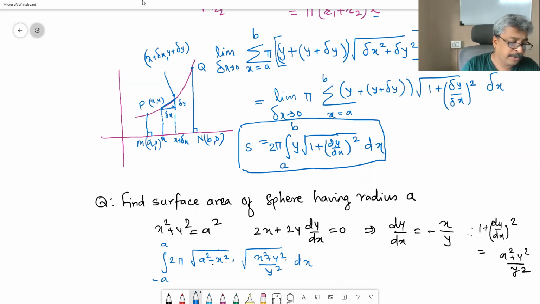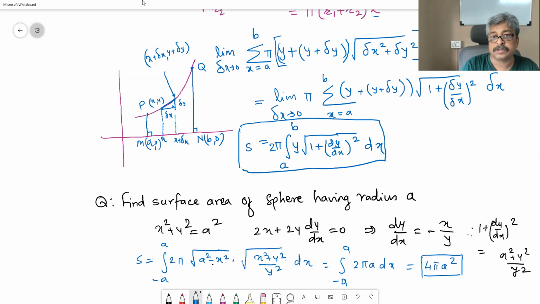Now if you evaluate this, you will get surface area S equal to the integral from minus a to a of 2 pi a dx, which will be equal to 4 pi a square. We already knew that this is supposed to be 4 pi radius square.